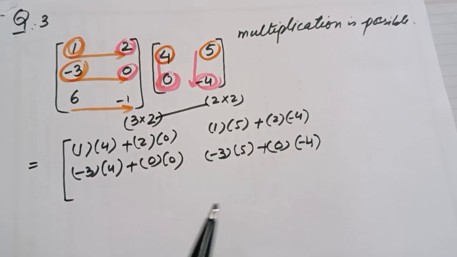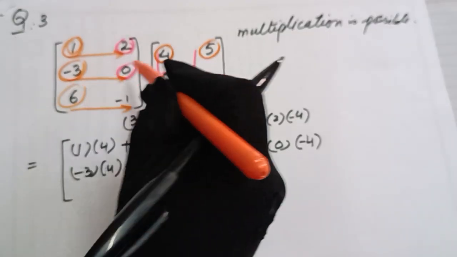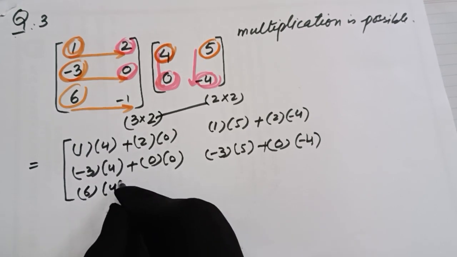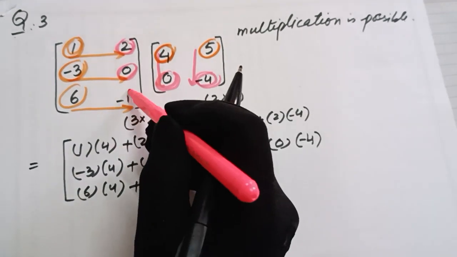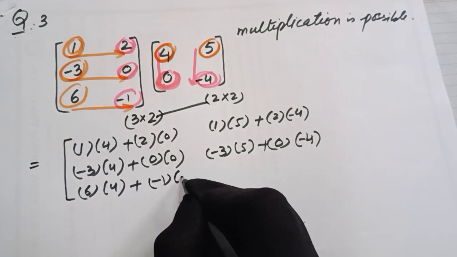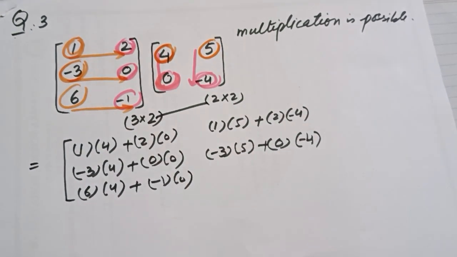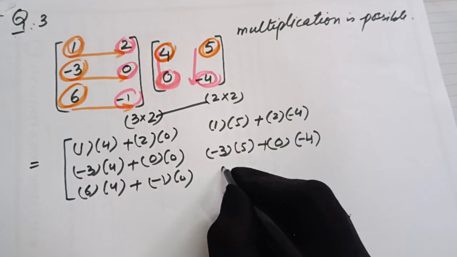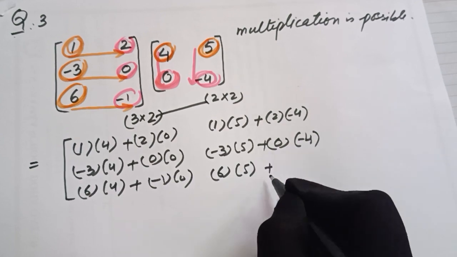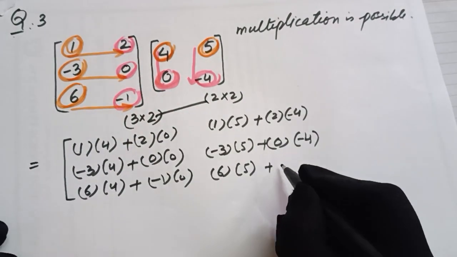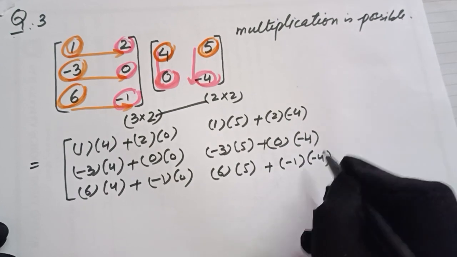Again for the next row, tail to tail plus head to head. Again, tail to tail plus head to head, minus 1 to minus 4.